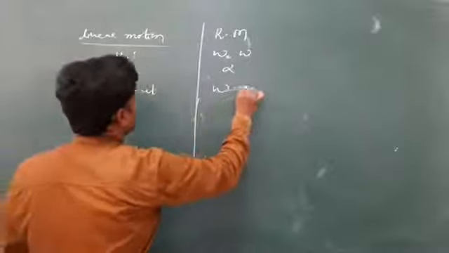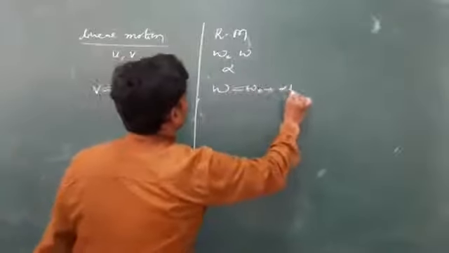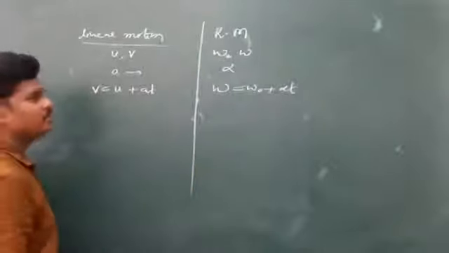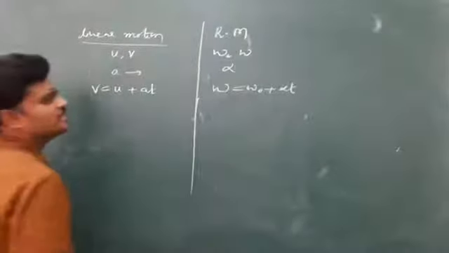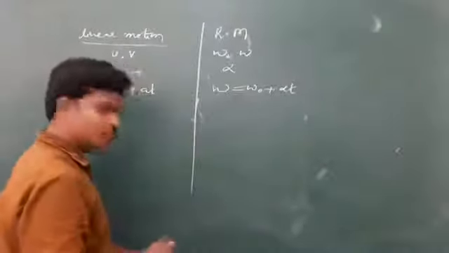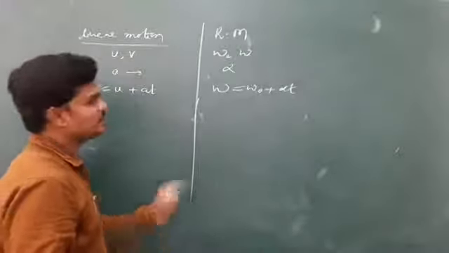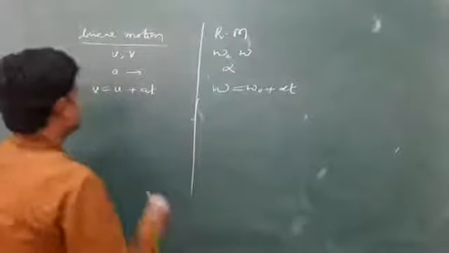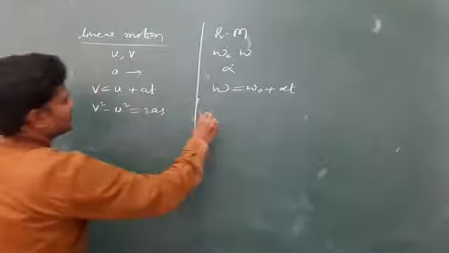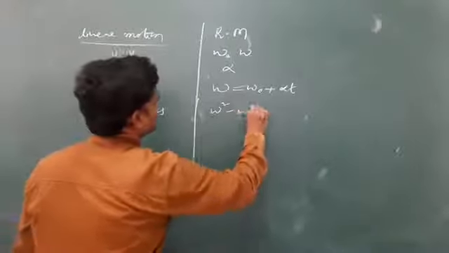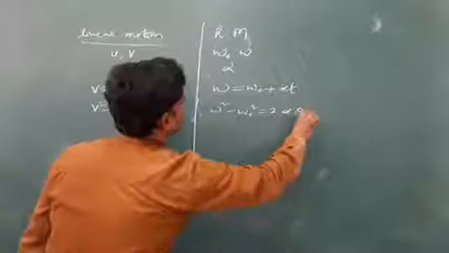Here v becomes omega, so omega equals omega naught plus alpha t. Because I am teaching only from the entrance exam point of view, keep the formulas in mind. You covered theory in your regular classes, now I am focusing only on formulas. And v square minus u square equals 2as; this becomes omega square minus omega naught square equals 2 alpha theta.